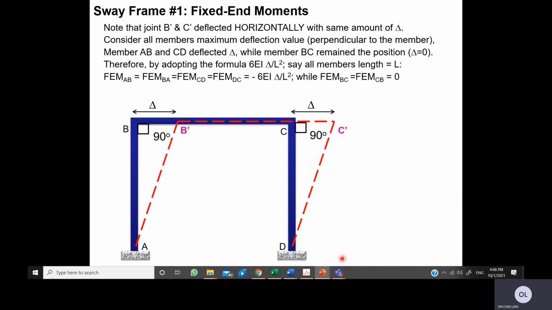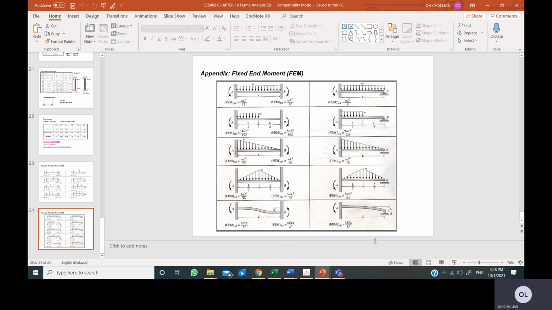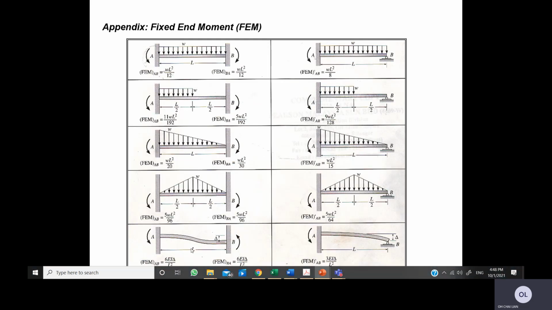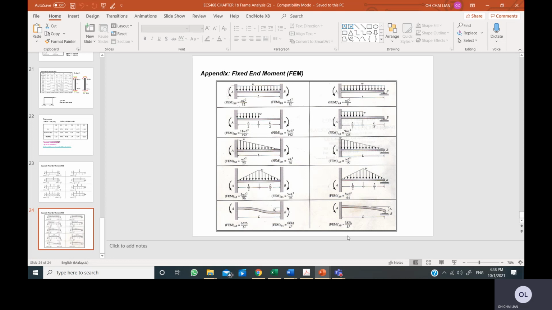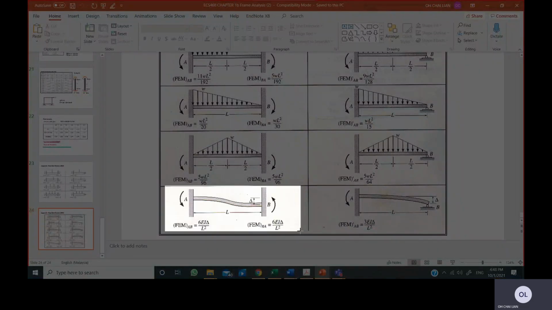Now we need to determine the fixed end moments due to deflection. I have to show you the equations to be used for this fixed end moment. These will be the cases due to the deflection.